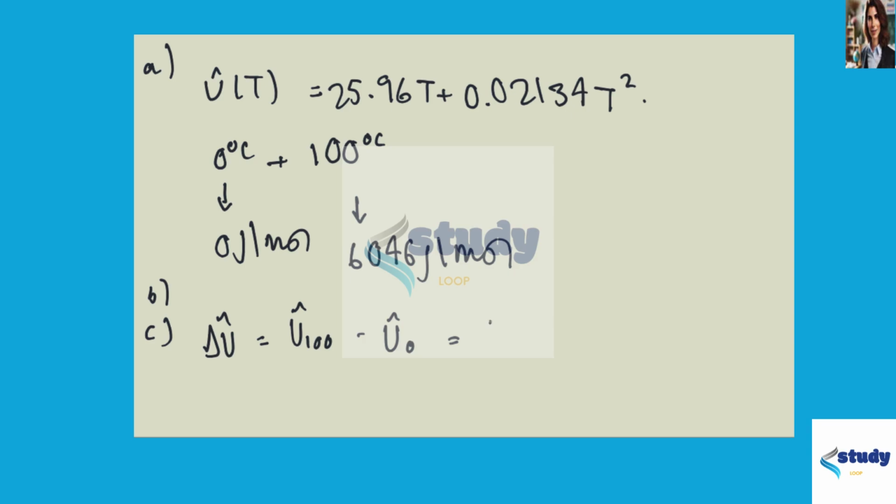That is 6046 joules per mole. Then what we do is multiply by 3 moles to get a value of 18,000 joules. And we're using the assumptions for the closed system.